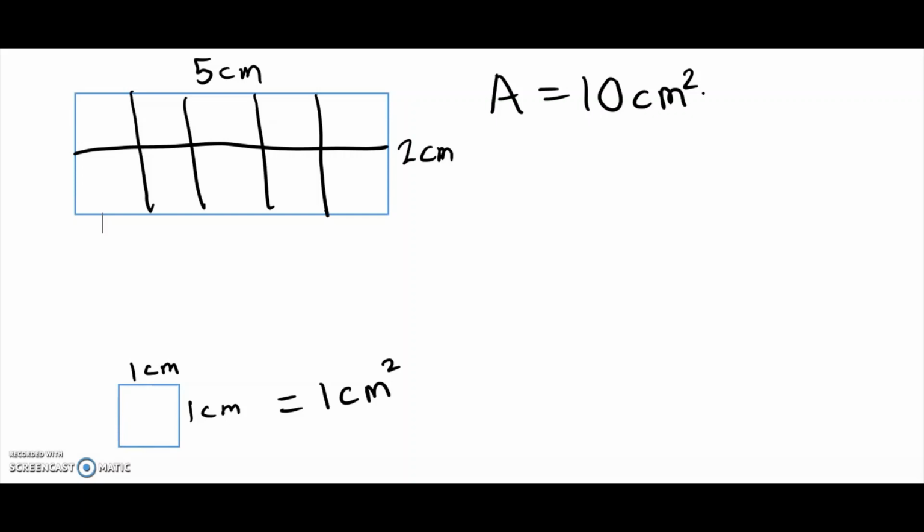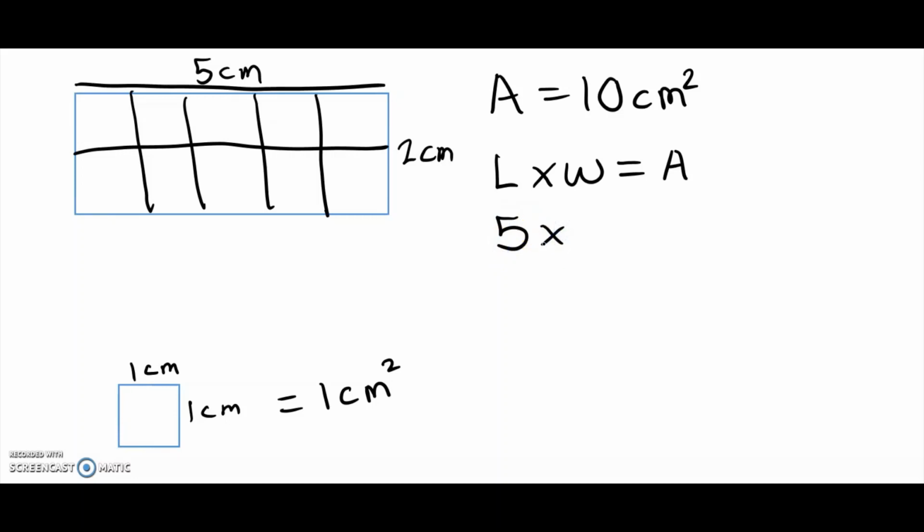So what we can actually do is, if you're great with your multiplication, we use our formula. Now our formula is going to be length times width. So the area of a rectangle is equal to length times width. Okay. So the length of our rectangle is how long it is really. So that is our length at the top, and that's going to be 5 centimeters.